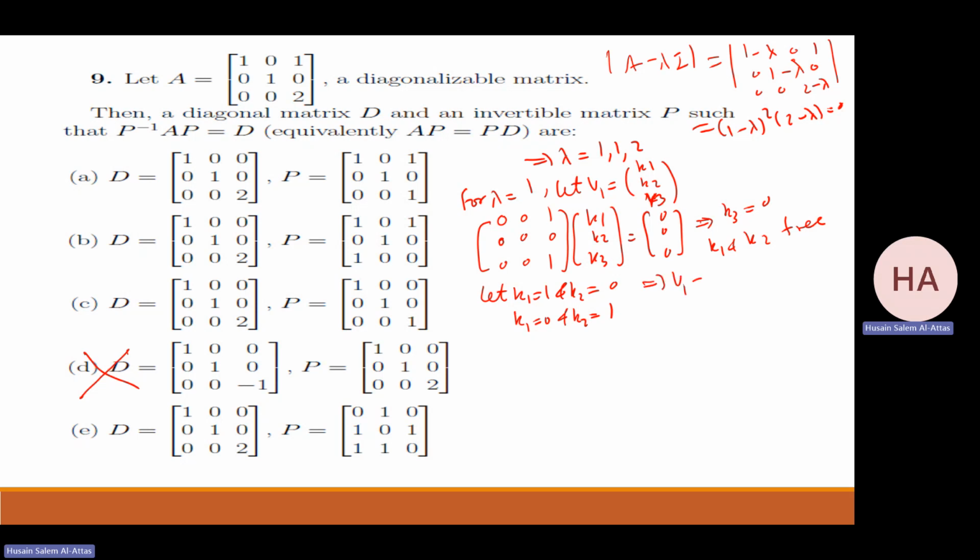So I have V1, it's 1, 0, 0, and V2, it's 0, 1, 0. So this one is okay. This one is wrong, it depends on the last one.